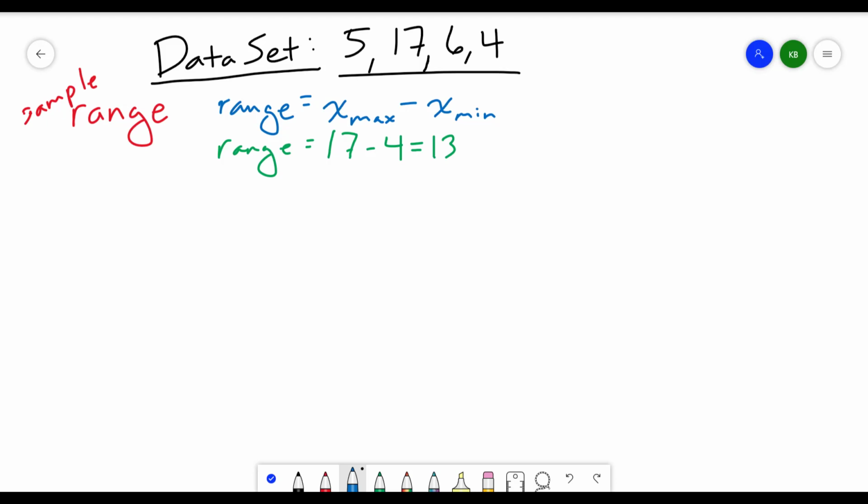Now, other things that can help us talk about how spread out our data is include this idea of a sample variance.